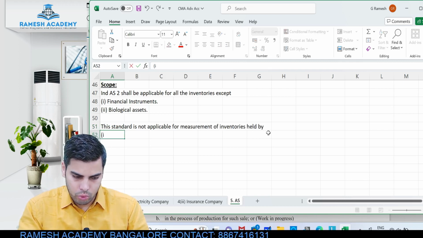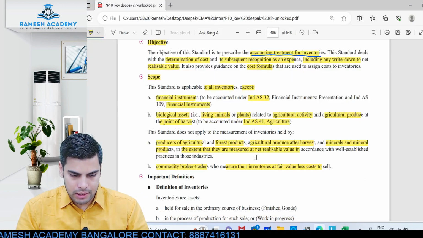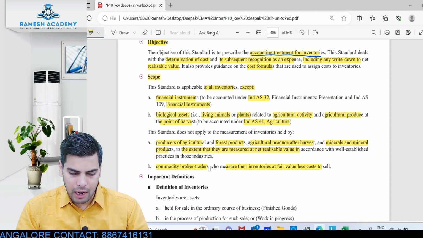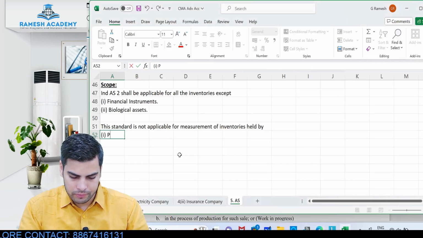held by certain people. One is the agriculturist. Look at this: producers of agricultural and forest product, agricultural produce after harvest, and mineral products.